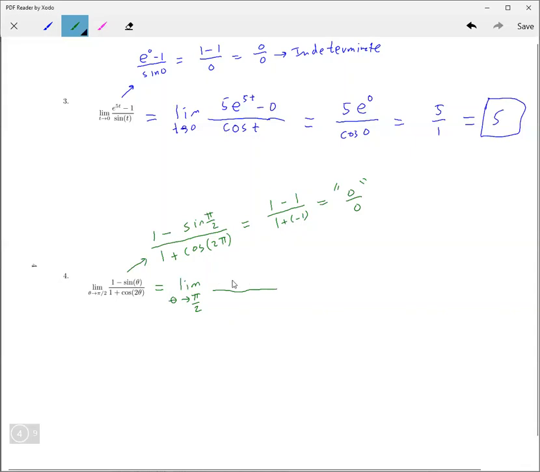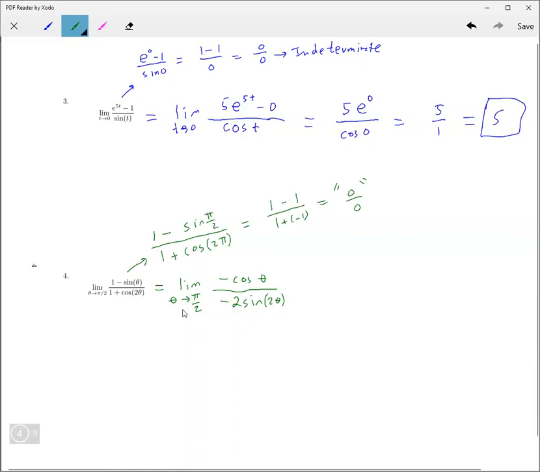Okay, so the derivative of the numerator: the 1 is 0, so I can ignore that. Derivative of negative sine theta would be negative cosine theta. Derivative of cosine 2 theta would be negative 2 sine 2 theta. By the chain rule, I have to take the derivative of 2 theta, which is 2.